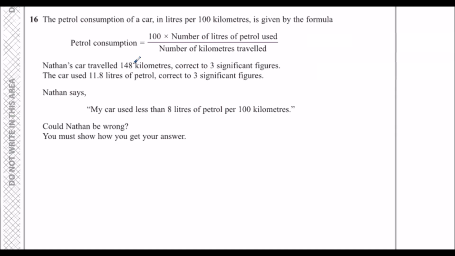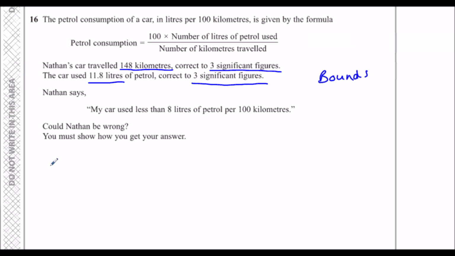Nathan's car travelled 146 kilometers to 3 significant figures and used 11.8 litres, also correct to 3 significant figures. So we've got a bounds question here, haven't we? Nathan says, my car used less than 8 litres of petrol per 100 kilometers. Could he be wrong? So we want the upper bound.